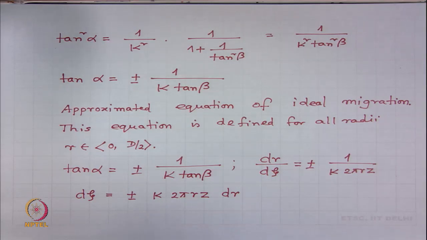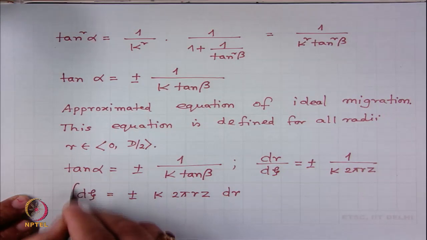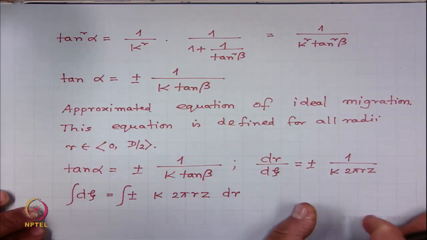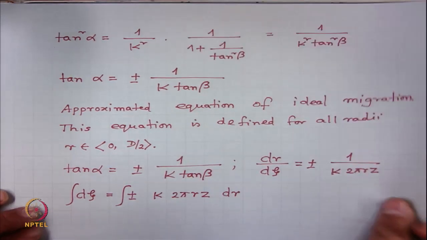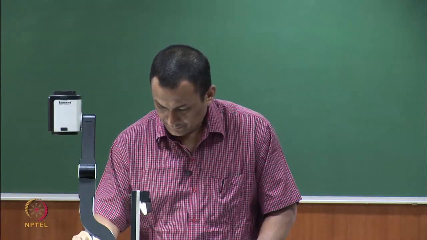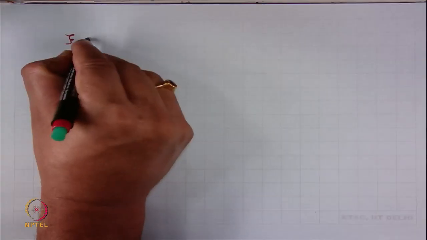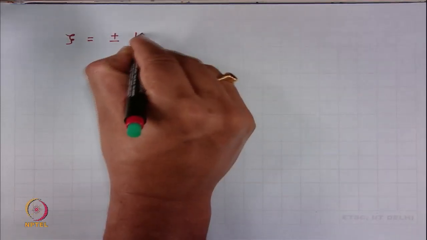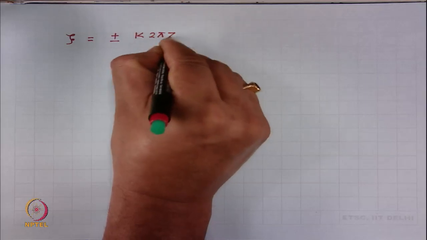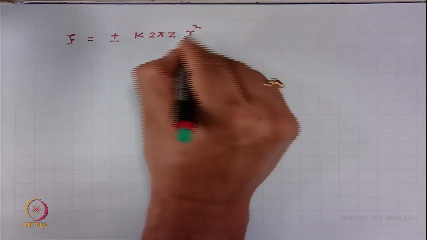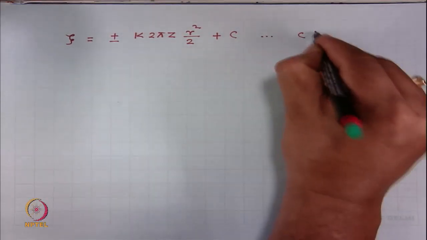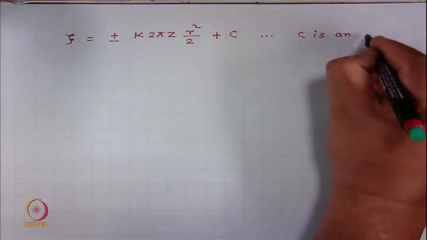Now, if we integrate this, what will we obtain? We will obtain zeta is equal to plus minus k 2 pi z into r square by 2 plus c, where c is an integral constant.